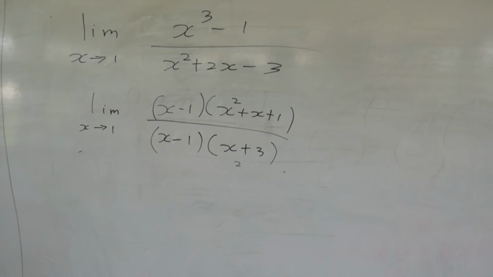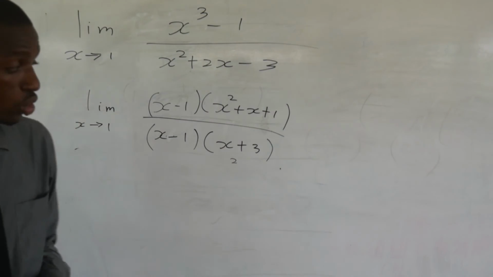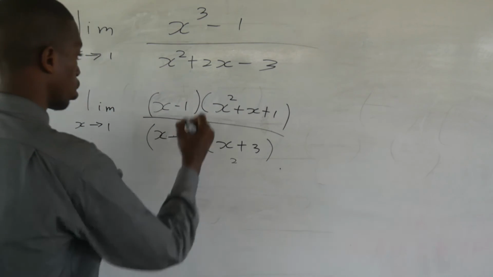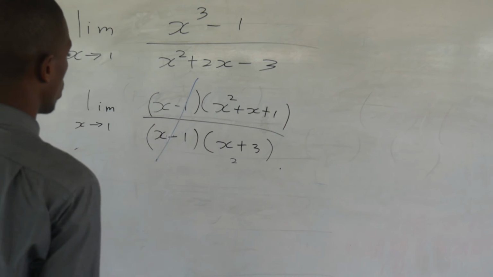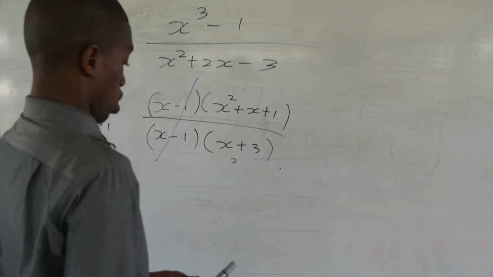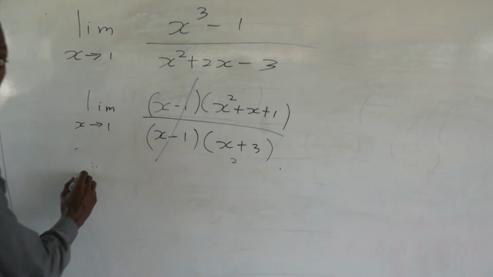You just divide what you have by what factor you know you want to come out of it. So that and that goes out. We eliminate the x minus a.